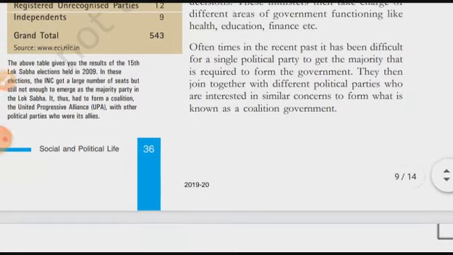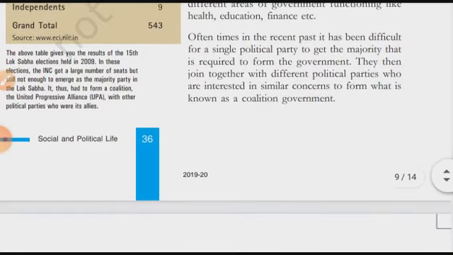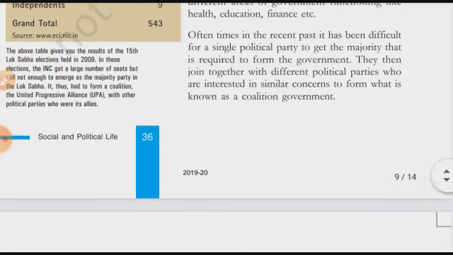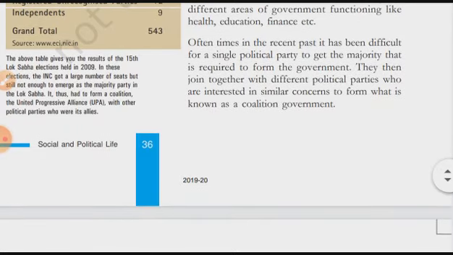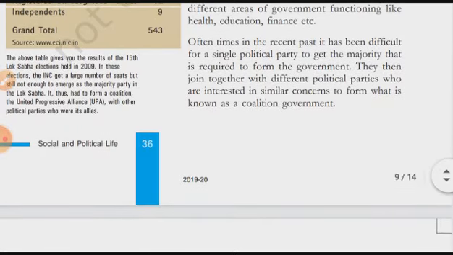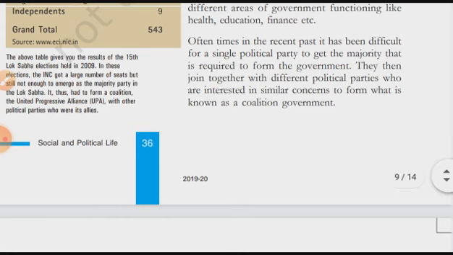Oftentimes in the recent past, it has been difficult for a single political party to get the majority that is required to form the government. Often in recent times, if you see the election results, a single party is not getting the majority, meaning not getting half or more than half of the seats required for forming the government.